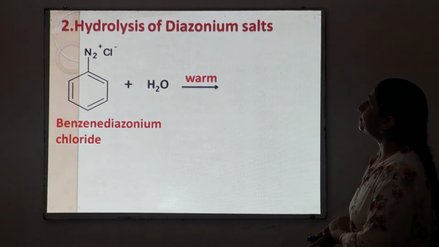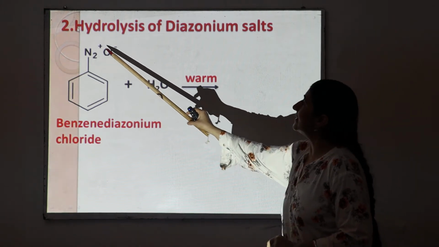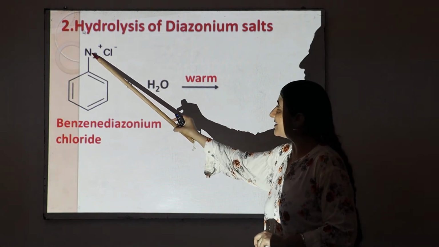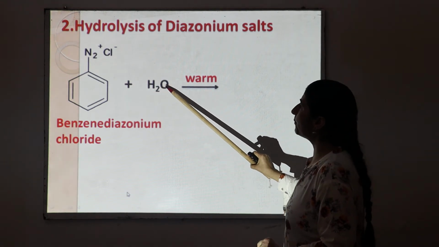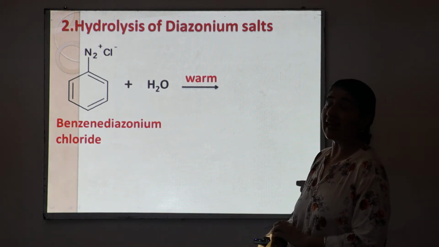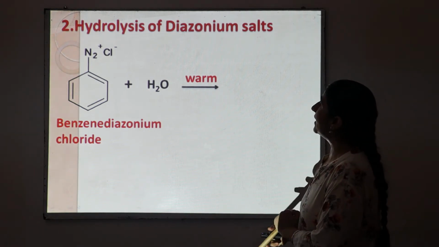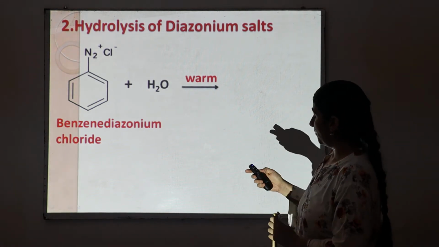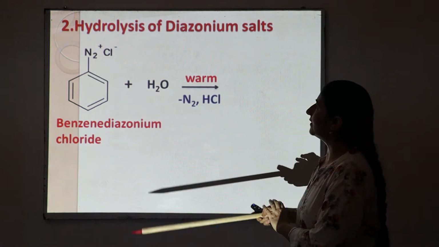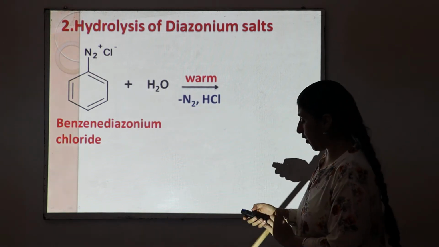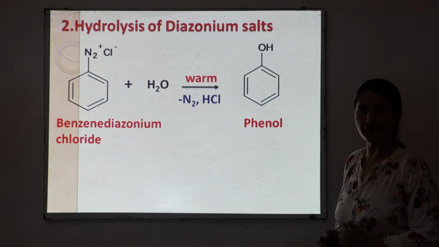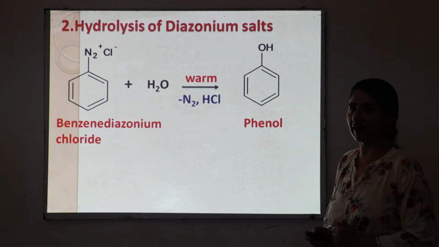In this case, the N2 molecule is eliminated in the form of nitrogen gas, and hydrogen from the water combines with chlorine to form HCl and is eliminated, whereas one OH group from the water links with the benzene to form phenol. So this is the second method of preparation of phenol from benzene diazonium chloride.